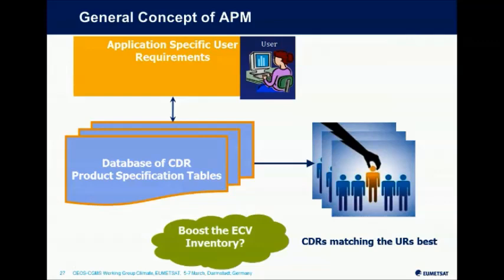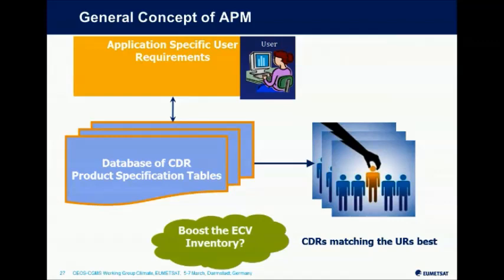So that is the basic idea. And to do that, the basic framework we need is a good database of all these technical specifications of the climate data records. And currently we don't have such a database.